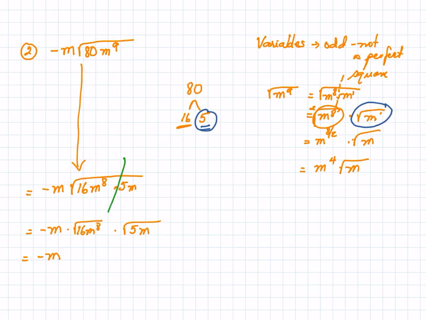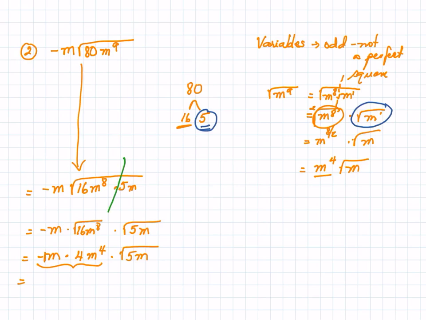Then I should have negative m. 16, the perfect square of that is 4. M to the 8th, I should have m to the 4th. And the 5m is not a perfect square, so I leave it inside. Okay, let me combine these two together.